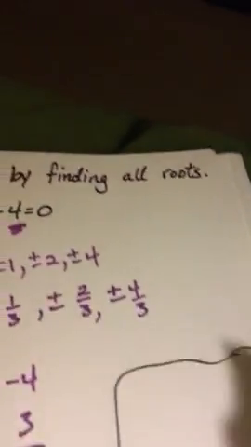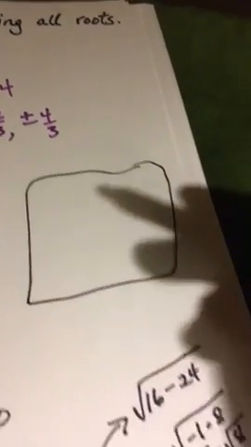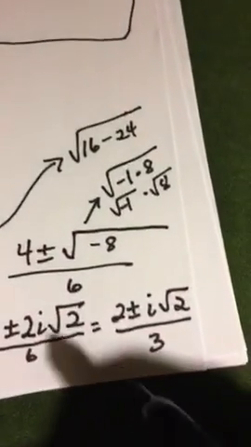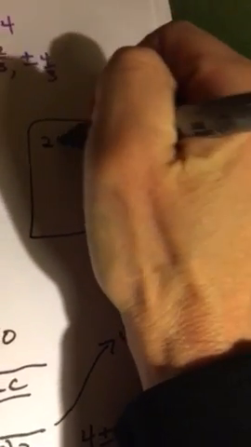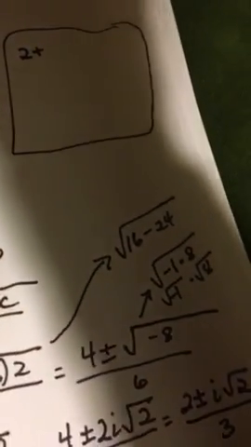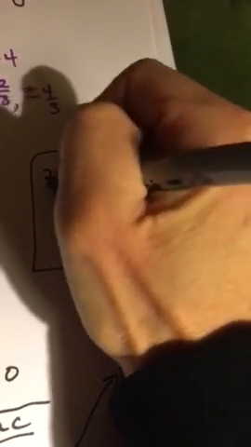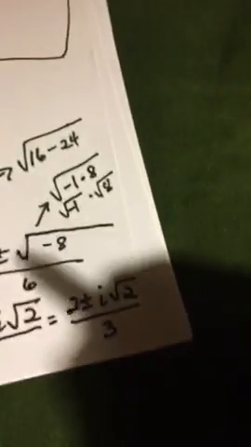And it was to find all roots, which there should be 3. We have these 2 right here. So we have 2 plus i square root 2 over 3. That's one of the roots.